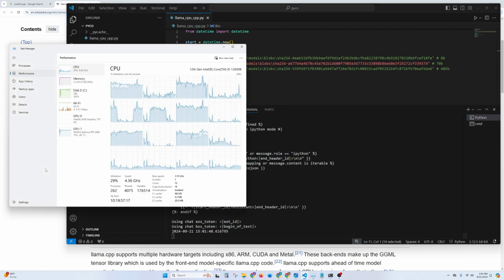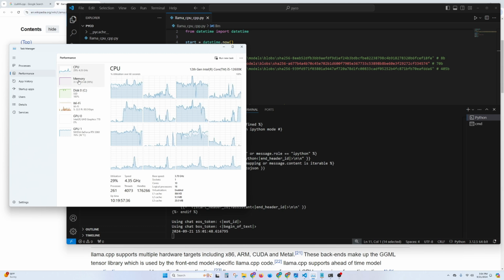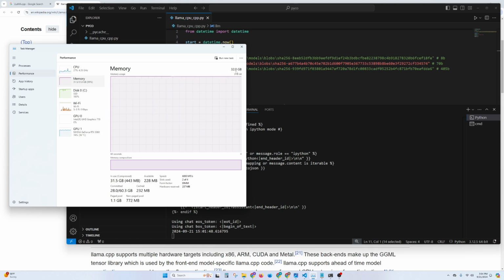30 seconds. Let's look at my CPU. See, my CPU's being used. It's bouncing around in the 20s and 30s, but I did just see it at 50% as this 70 billion model is loading. But look at my RAM, folks. The 32 gigabytes is maxed.